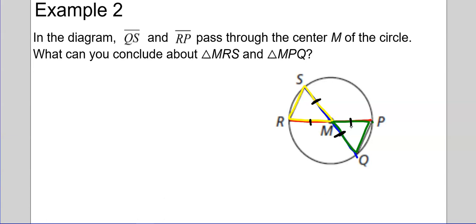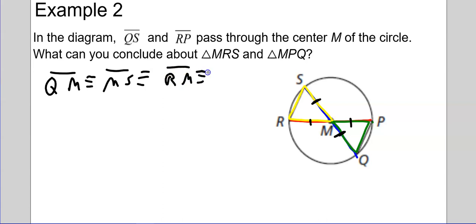So we know that QM is congruent to MS, which is also congruent to RM, which is also congruent to PM. They are all equal to each other because they are all diameters that are cut in half by the center of the circle.